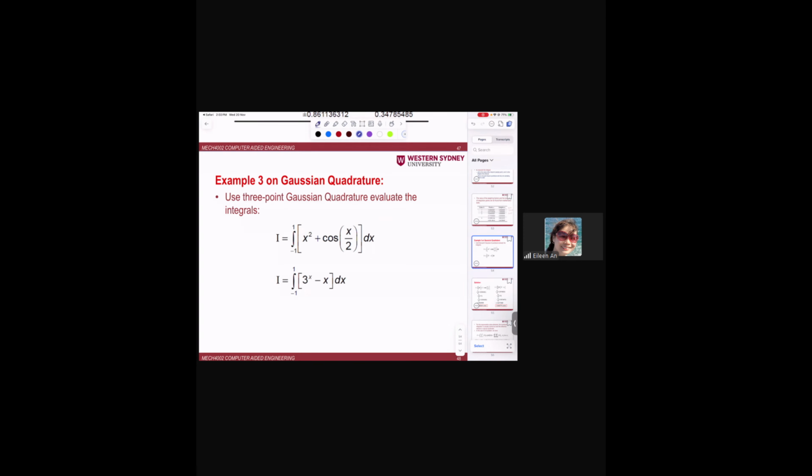Okay, so if we use the mathematical method to do the integration, it takes days or years, right? But by using Gaussian method, we just need to select certain points. For example, by using 3 points, we can get the solution. We don't have time to practice, but I'd like you to have a look at the solution.